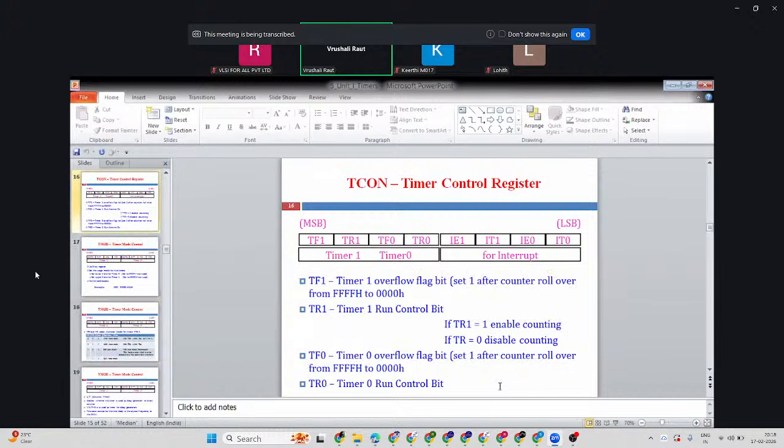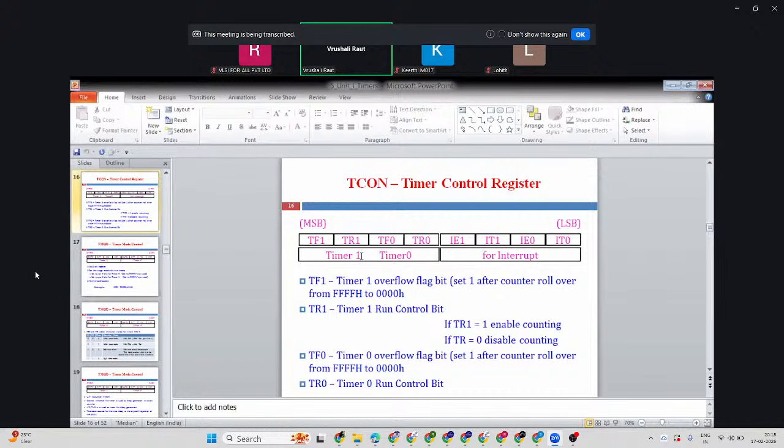Now look, what is this TF1? I tried to explain it to you, but we'll read it again. Timer 1 overflow flag. It will be set to 1 after the counter rolls over from FFFF to 0000H. This TF1 is talking about timer 1.